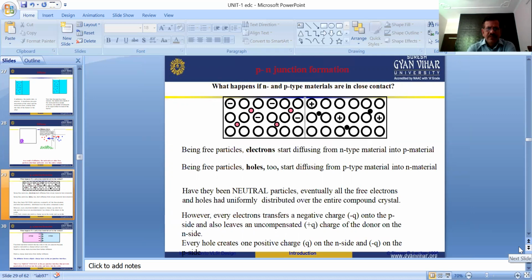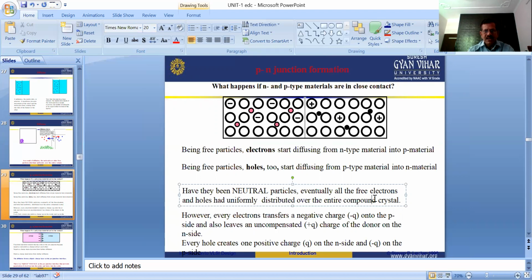Now what happens in a PN junction diode if n-type and p-type materials are in close contact? You see in this slide, on the left side is the p-type semiconductor and on the right side is the n-type semiconductor. Both semiconductors are joined to each other. After they are joined, a junction is formed. The junction is the joint part of both semiconductors.